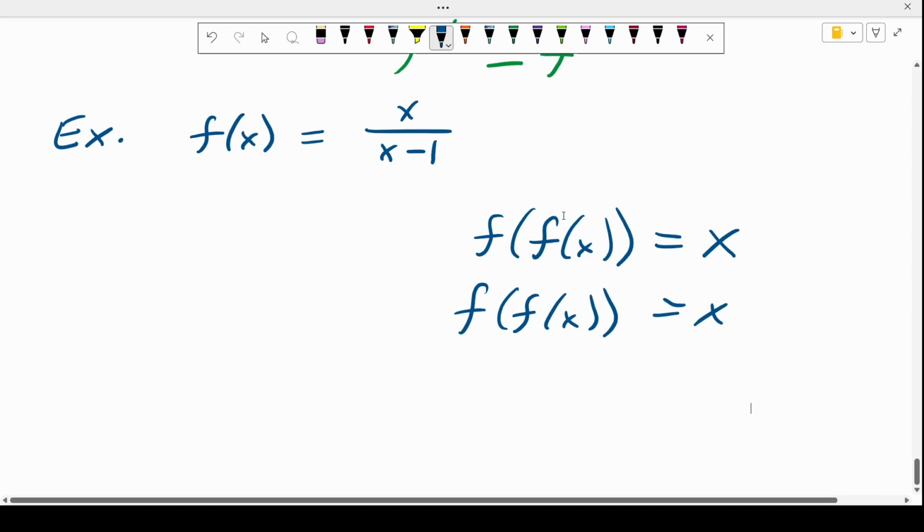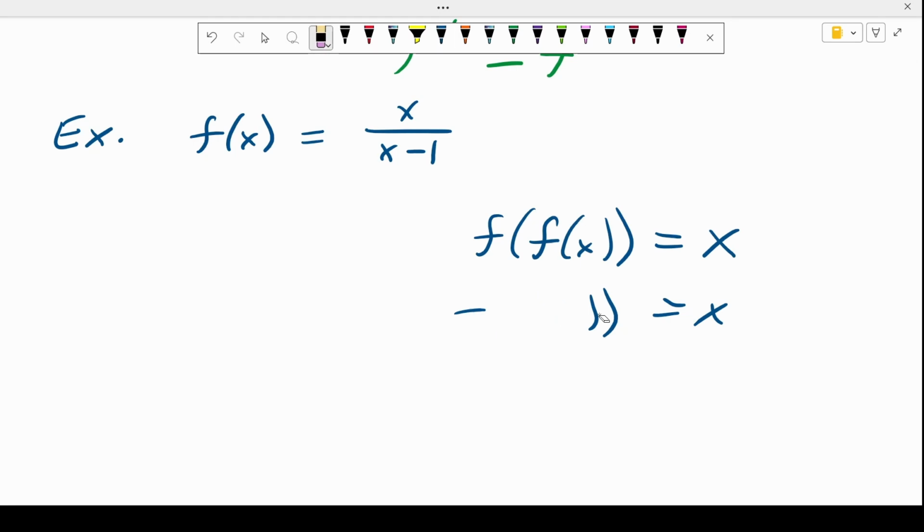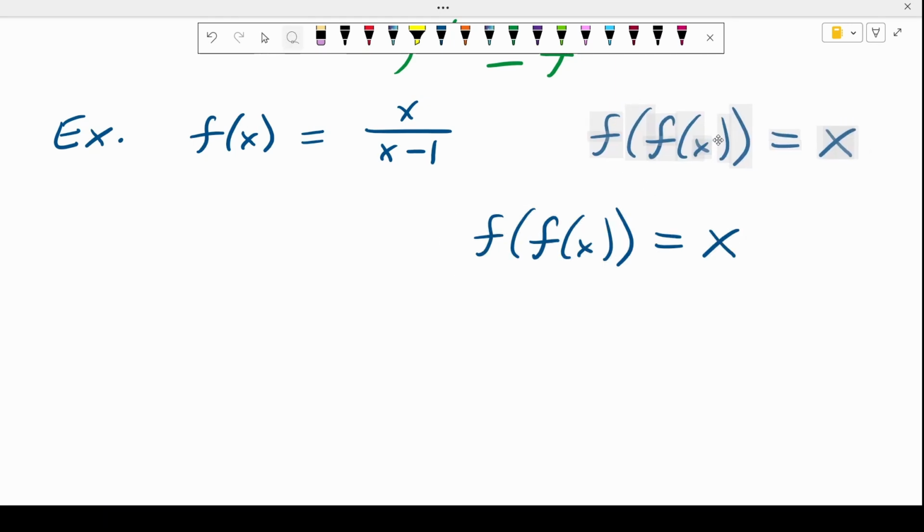So if f of f inverse of x is x, and f inverse of f of x is x, then f inverse is really the inverse. But what I'm claiming here is that the inverse is f itself. So if I can show that f of x is x, that also proves that we have a self-inverse. Let's do it both ways.